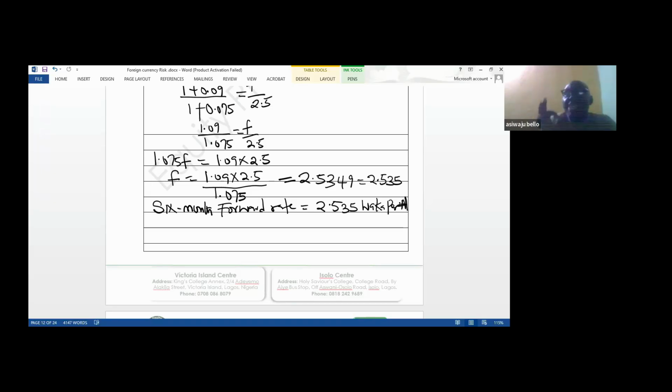This is the rate that will be used for the forward market hedging. This rate is calculated today for a transaction that will happen in 6 months' time. The rate is calculated today, and that rate is binding on that transaction that will happen in 6 months' time. That is F.